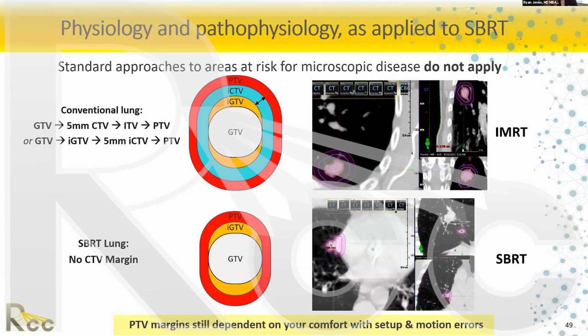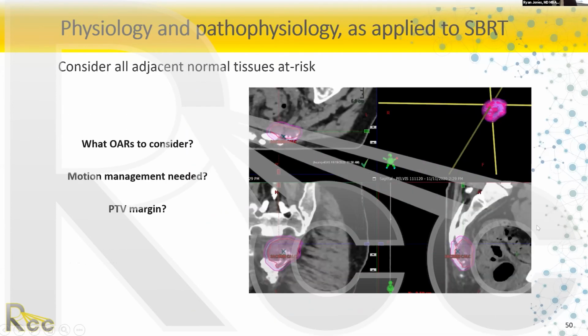We don't move to a 1 millimeter PTV margin because then in this lung example, that's serving two purposes for lung. It is our alignment issues and it is covering some of our microscopic disease. I hope that makes sense. So don't push the limits too much on something like lung here. Allow your PTV to be at least 5 millimeters in each direction. So that's kind of the no CTV margin in lung takeaway.